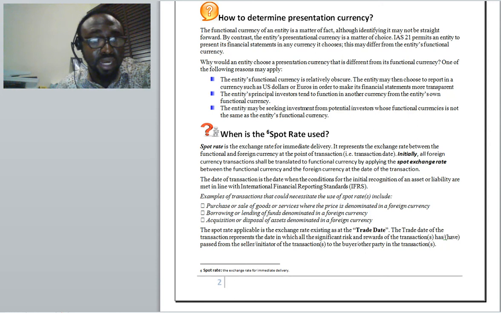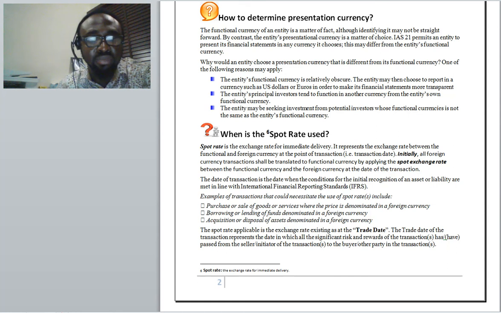The entity's principal investors will also be a determinant or a factor, which implies that if the principal investors are US based, while the company operates in Nigeria, it will be more desirable to report in US dollars, which is a currency the investors have a better knowledge of, or be able to have a base of comparison.